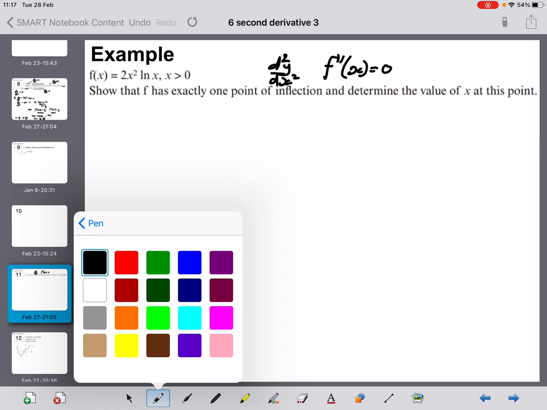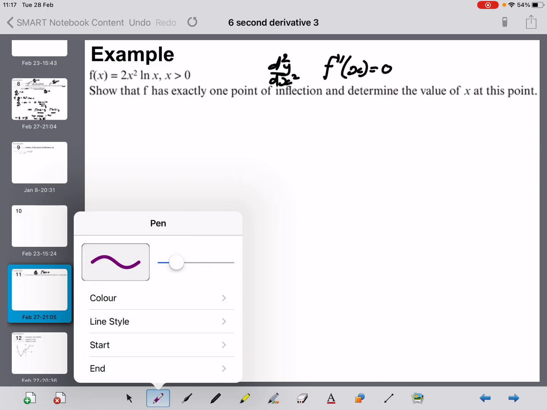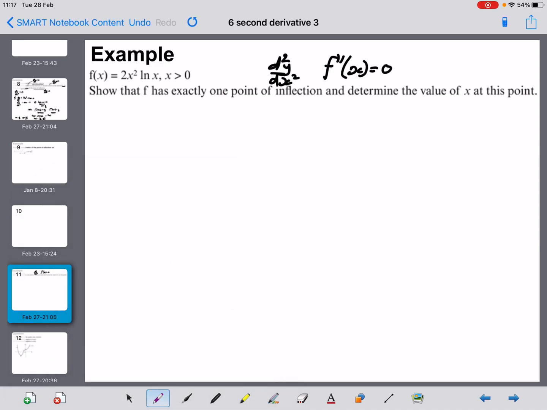So I'll just switch colour. If I say u equals 2x squared and v equals natural log x, du by dx will be 4x and dv by dx will be 1 over x.